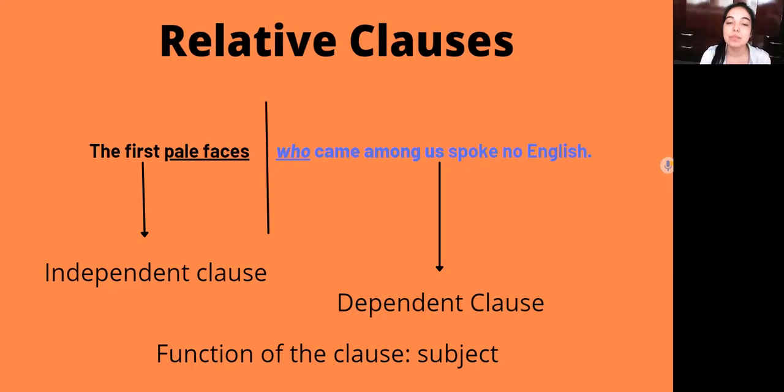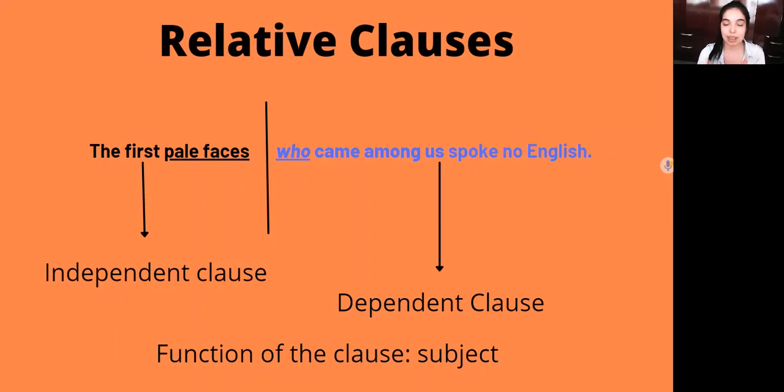We also have our verb, "came among us". We can say that the function of this dependent clause is subject. And why can we say this? Because "who" is followed by a verb.